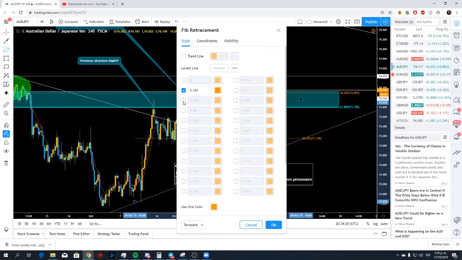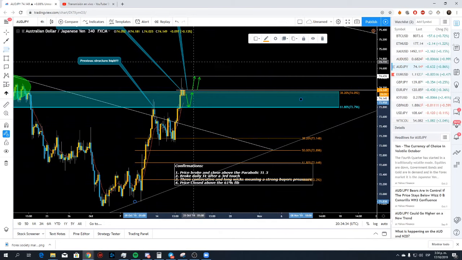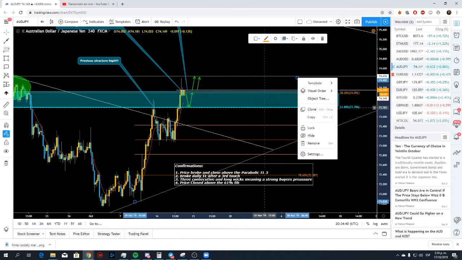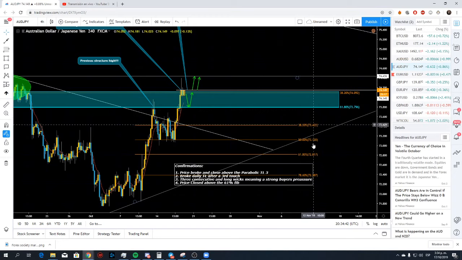Let's see if we can find some Elliott structure points. 1, 3. Let me check, guys, something. 1, 2, 3, 4. This first structure.